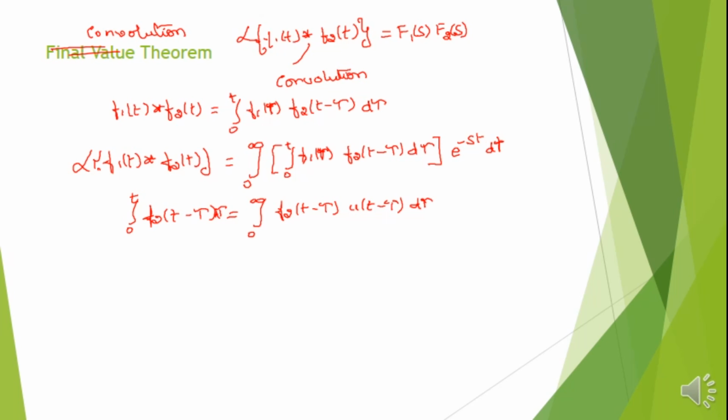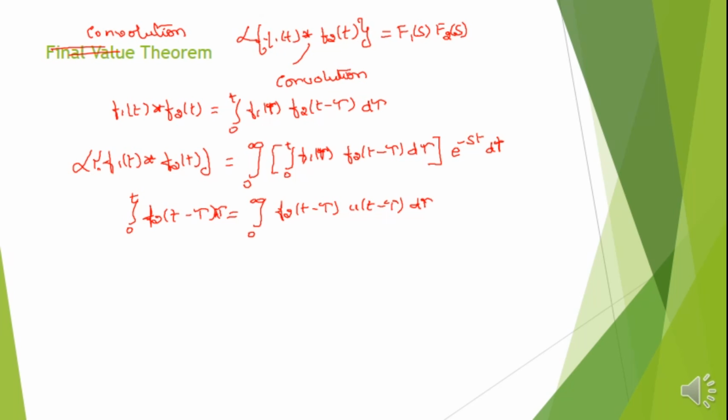Because this u of t minus tau is 1 for t greater than tau and 0 for t less than tau. So if I consider the 0 to infinity limit also, this value is 1 only for a specified interval. For all others it is 0, so the entire term becomes 0. So only in the interval 0 to t it acts.